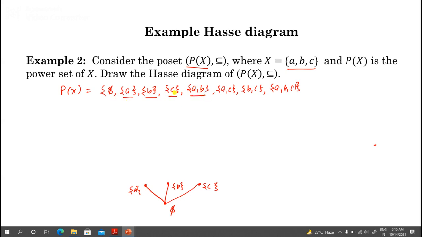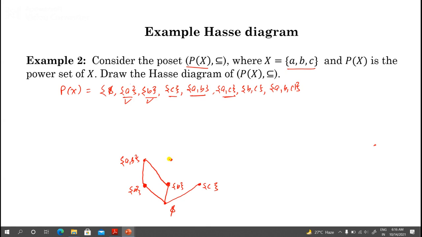Now look at this {a, b}. This is a superset of this set and this set only. It means this is a cover of these two sets a and b. So here you can write it: this is a cover of a and b. So this is {a, b} because this is the cover of a and b. Similarly {a, c}. This is the cover of a and c.